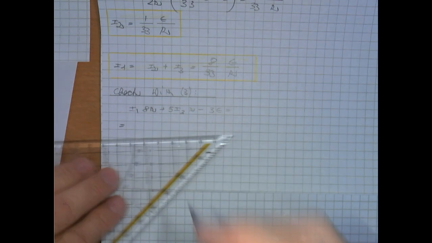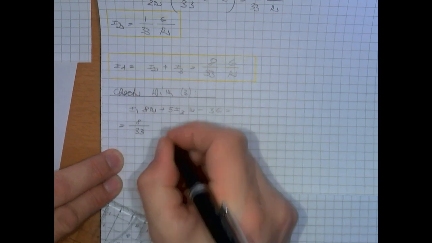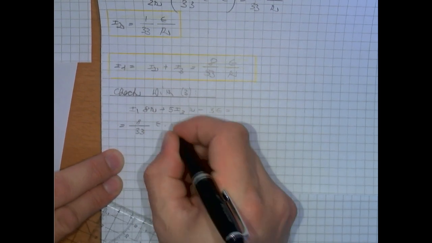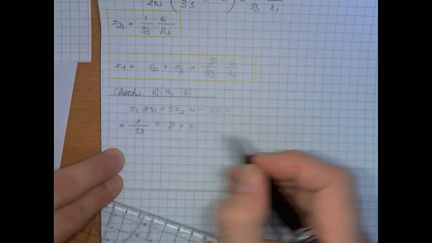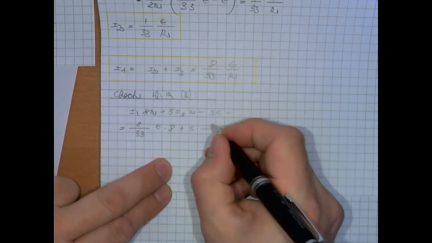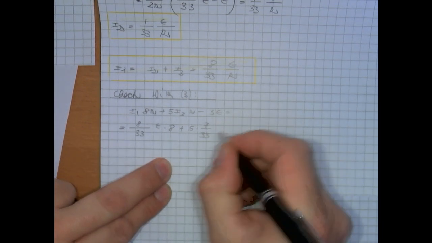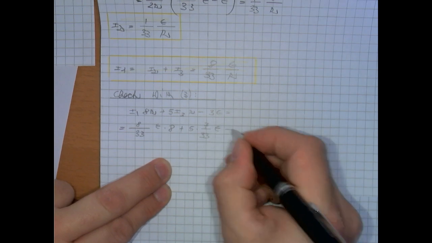I1 is 8 over 33 epsilon times 8. I already cancel out the r and r, plus 5 times, and now I3 is 7 over 33 epsilon over r, so the r goes out, minus epsilon minus 3 epsilon.